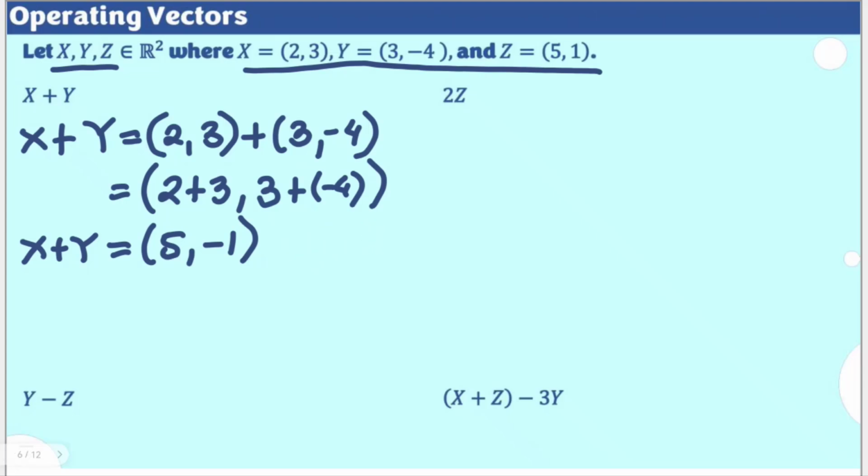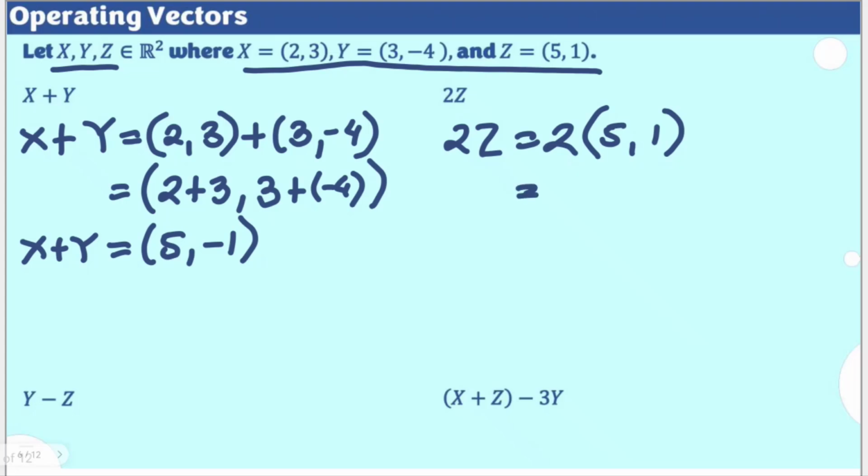For our second item, you have here twice vector z, and take note, this is scalar multiplication, and scalar multiplication under vector space, or in this case R2, is closed as well. So this is simply equal to twice z, meaning twice times the components of z, 5 and 1. So simply distribute the scalar.